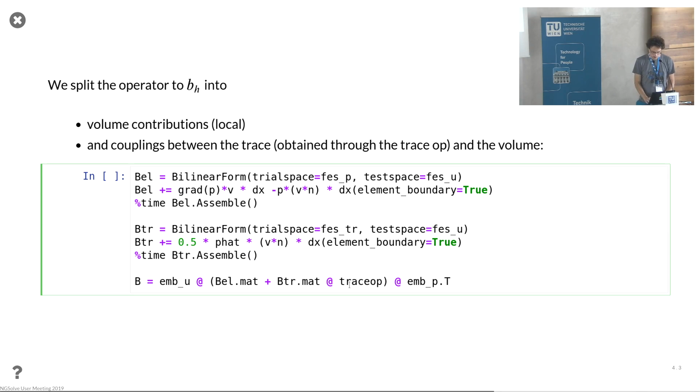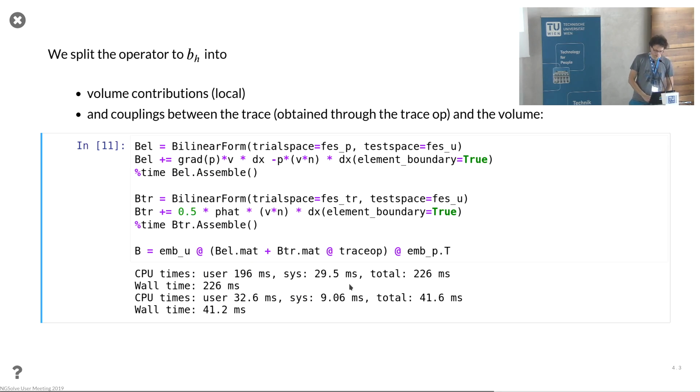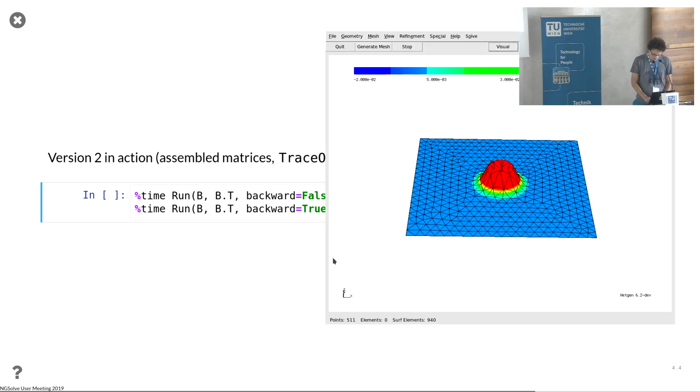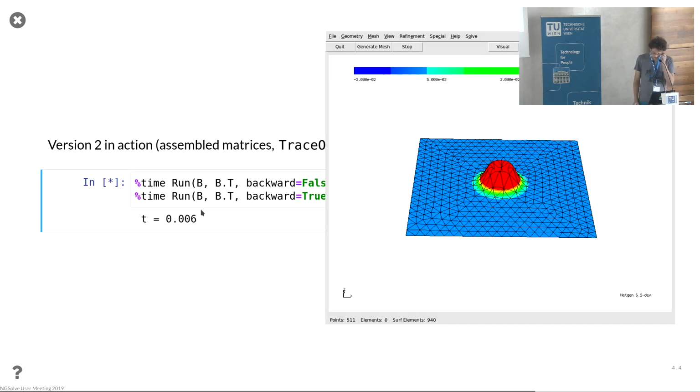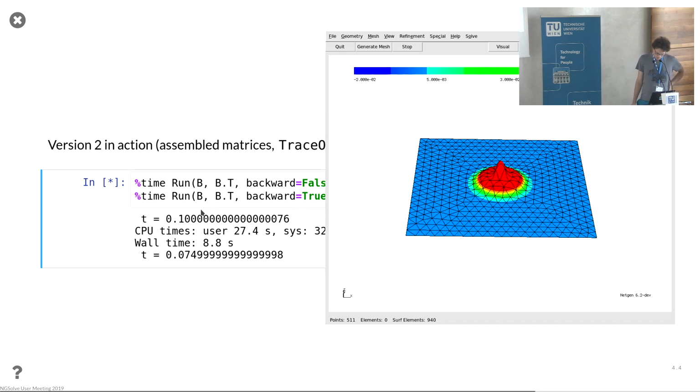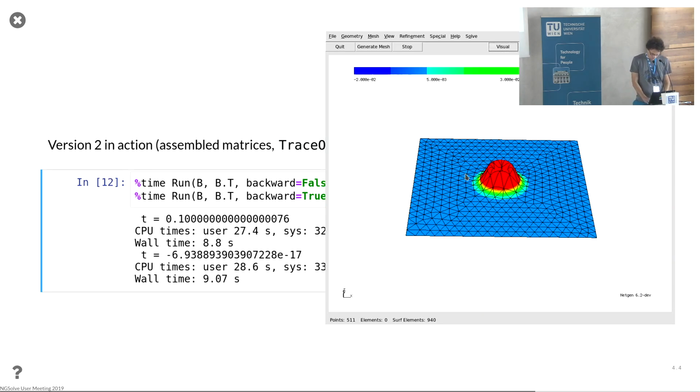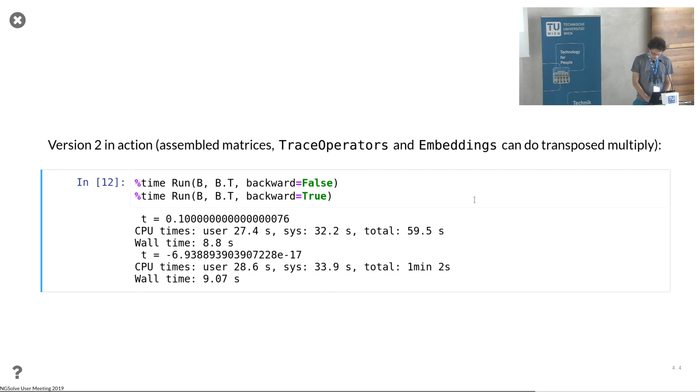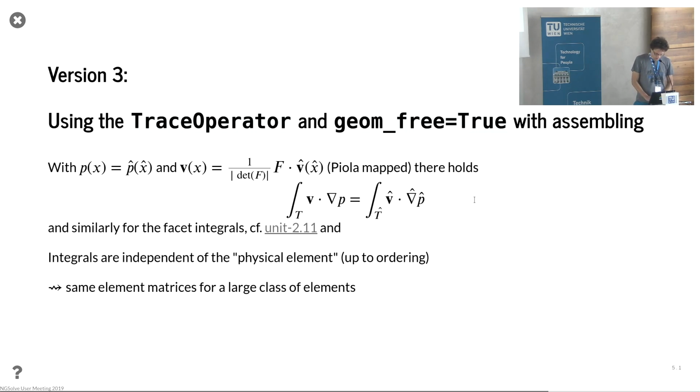And you put together a fitting operator by applying the corresponding embeddings from left and right. Okay, so let's see how this performs. So it goes forward for some time. Goes backward for some time. Okay, so this is not even faster than what we had before.